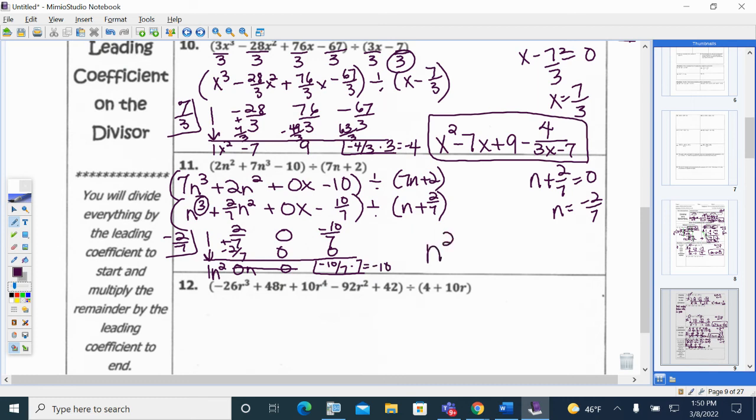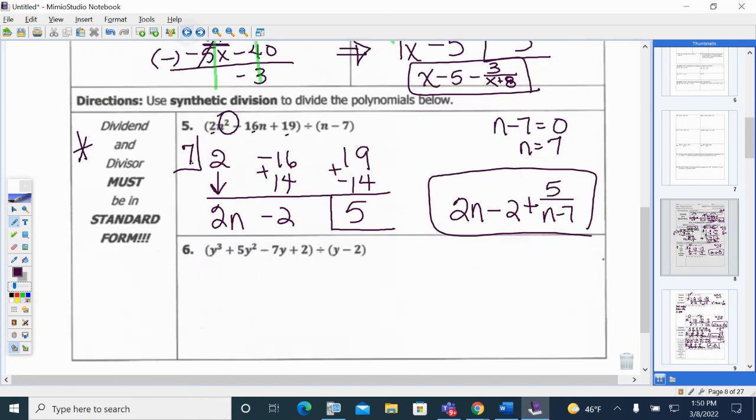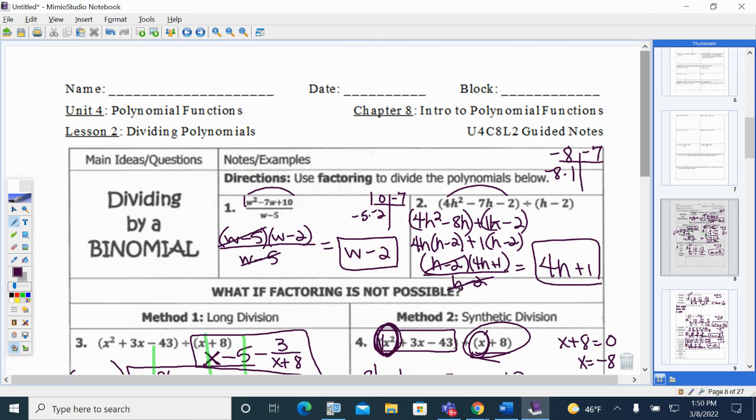So n squared minus 10 over my 7n plus 2. So there's your answer. And those are your notes for Chapter 8, Lesson number 2 on dividing polynomials.